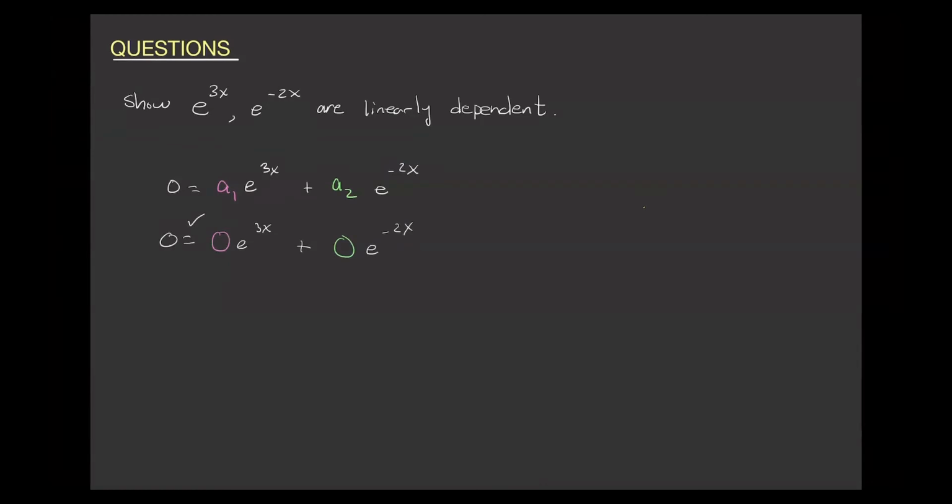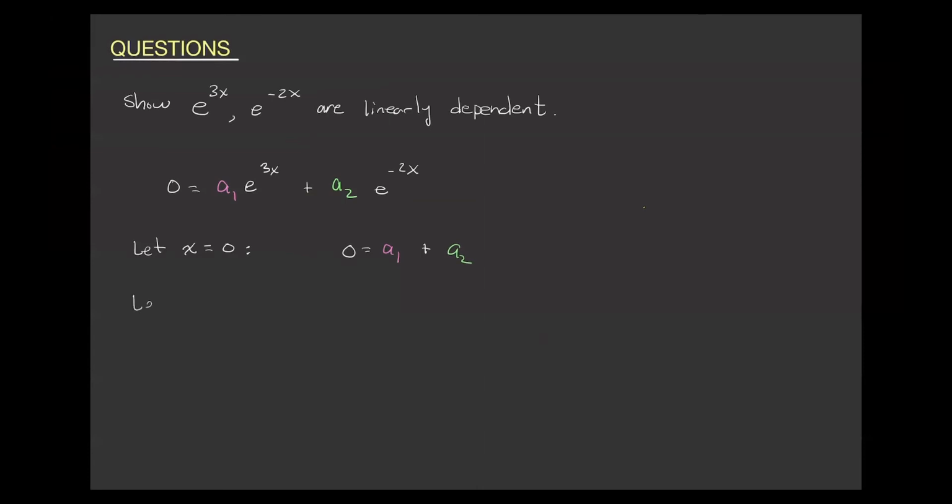Now, in order to do that, what we'll do is substitute. We'll let x be, well, whatever you want. 0 is usually a good place to start. It won't always give you a useful equation, but oftentimes it will. If we substitute in x equal to 0, we get 0 is equal to A1 times 1, because it's e to the 0, plus A2 again times 1, because it's e to the 0.